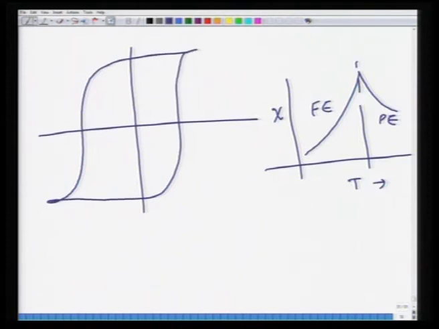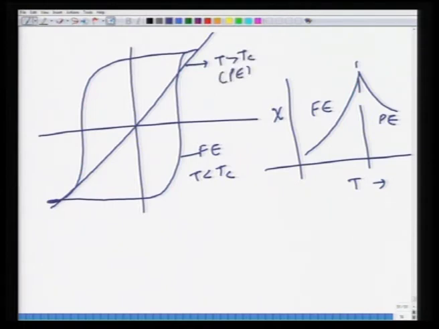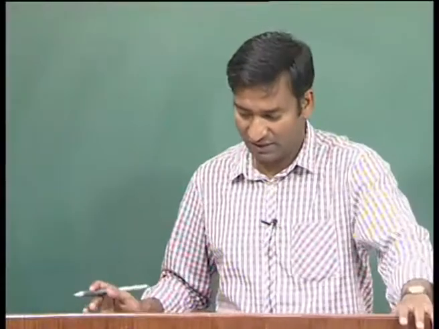So, this is your ferroelectric state at T less than Tc, and at T greater than Tc it is going to look something like this, a linear dielectric. So, this is T greater than Tc paraelectric state.